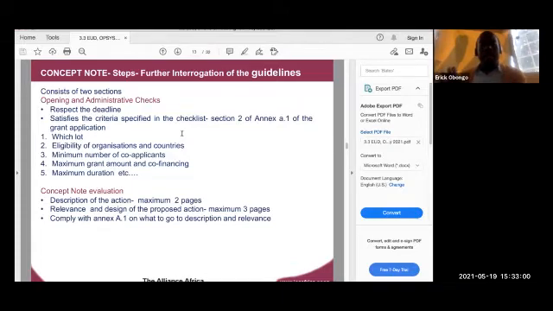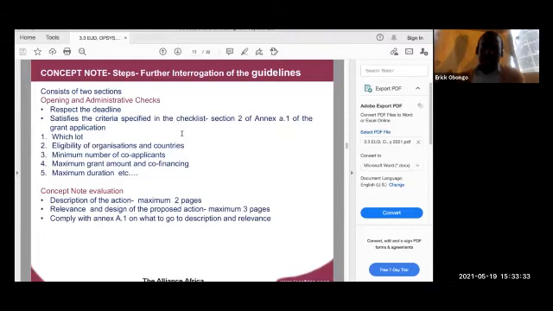So in the administrative checks, they check the most basic things, such as whether you've respected the deadline, like your concept note is submitted on or before the time which they have given. Number two, they also look at the criteria which is provided in Annex 2. And this criteria details the specific issues that you are supposed to take into account when you are drafting your concept note.